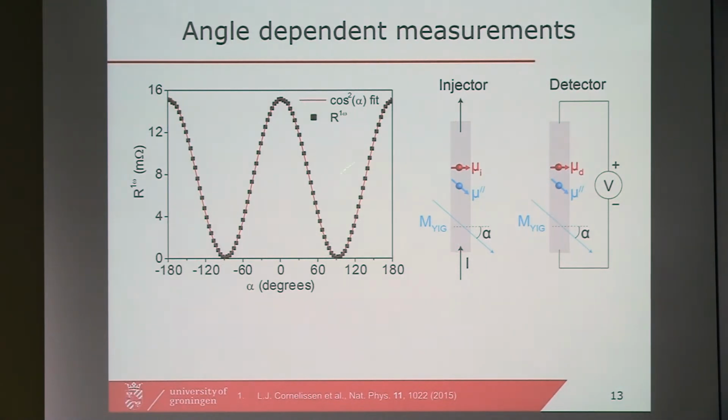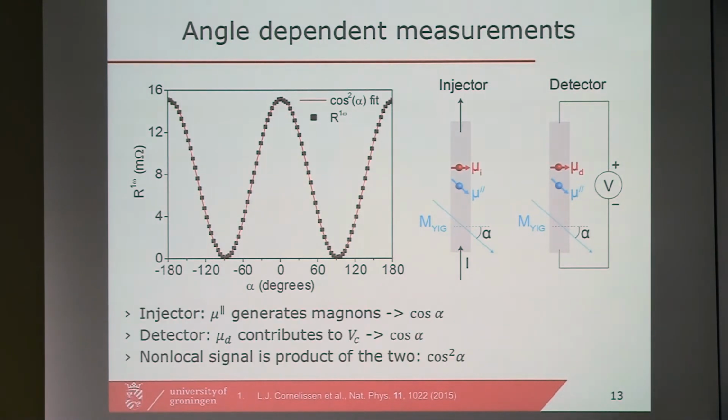So this gives us our first cosine alpha term. Then these magnons diffuse to the detector, where they induce a spin accumulation mu parallel in the detector, but because of the symmetry of the inverse spin Hall effect, we only measure this component, mu d, and that gives you a second cosine alpha term. The total signal is a product of the two, so we end up with cosine square alpha.